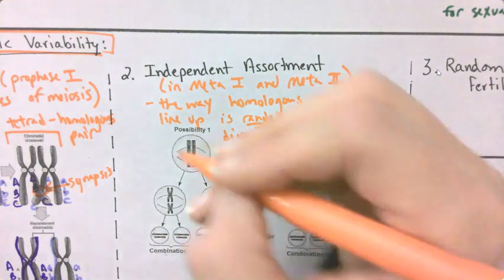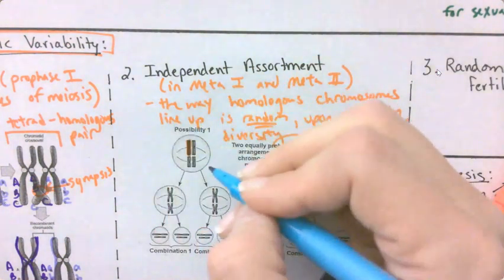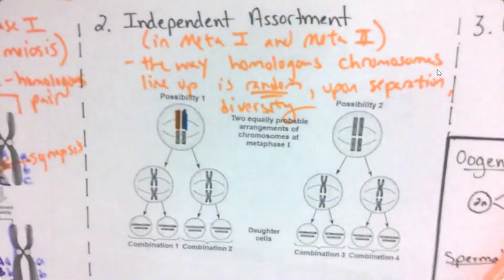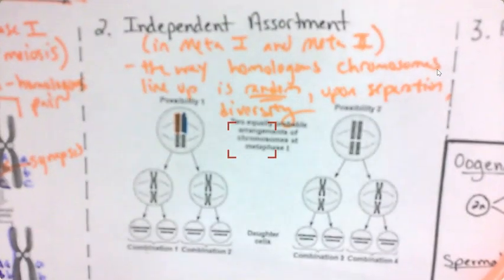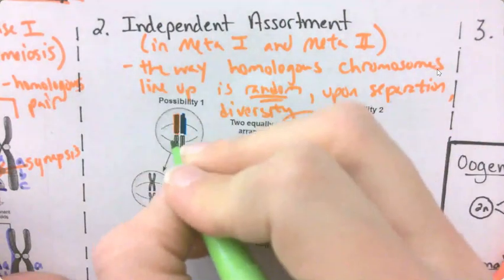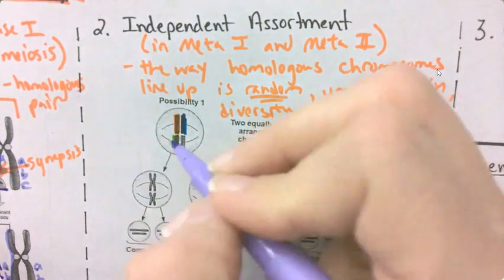So let's say this was an orange chromosome. This was light blue. Let's see if we can zoom in. And then this was light green. And this was purple. So I'm just showing you the different chromosomes, okay?